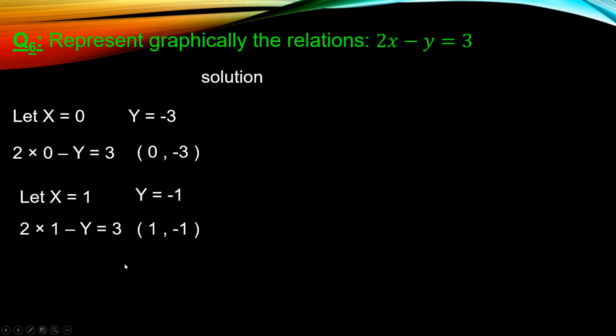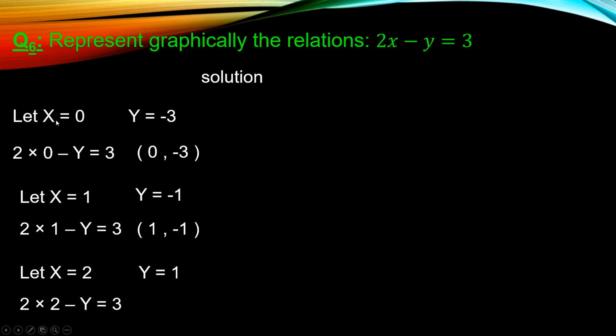So this ordered pair will be 1 and negative 1. Third, let x equal 2 and substitute in the relation, so it will be 2 times 2 equals 4, 4 minus y equals 3, so y equals 1.